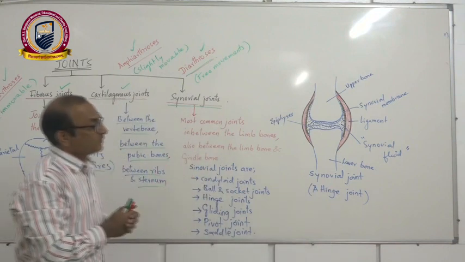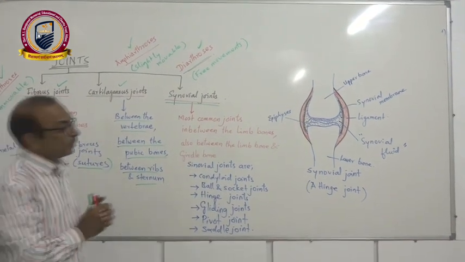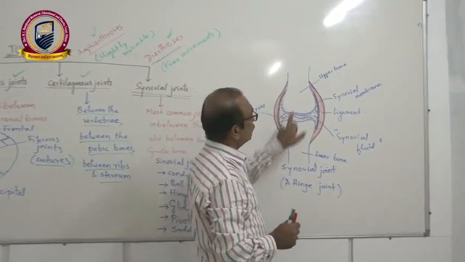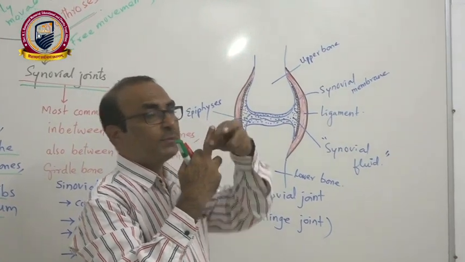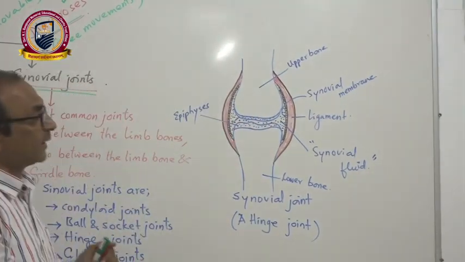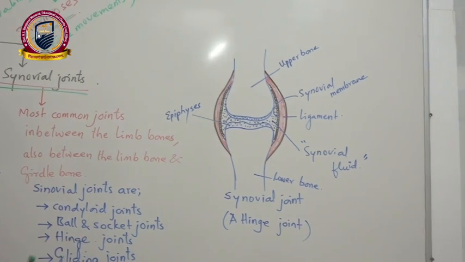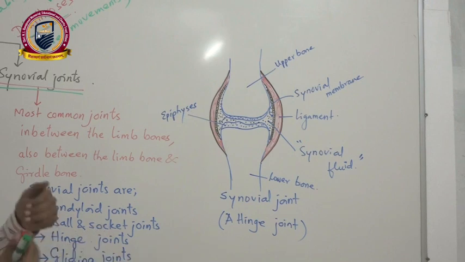Now let us try to understand how a synovial joint is formed. Look at this diagram. These may be two bones, maybe two phalanges, or two bones of the upper limb or lower limb that are joining.